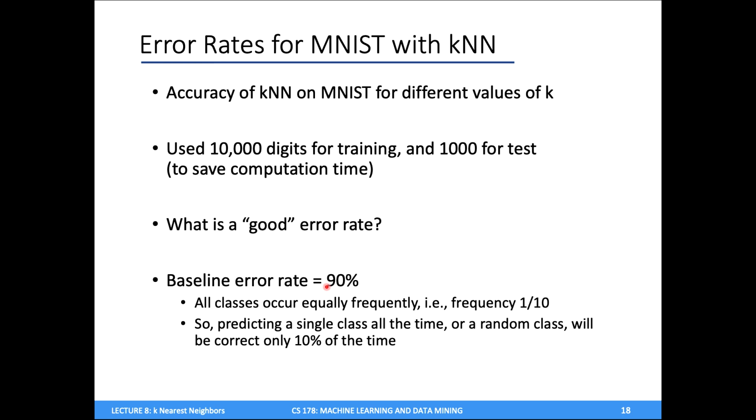And if you're doing a lot better than 90%, you're doing a lot better than this very, very simple baseline. This baseline error rate can be a lot smaller on different data sets. So for example, if you have a binary classification problem with all classes occurring equally frequently, this baseline error rate is only something like 50%. So my point here is that a good error rate is really contextual based on the data that you have available.